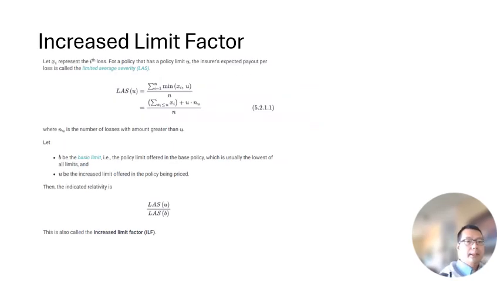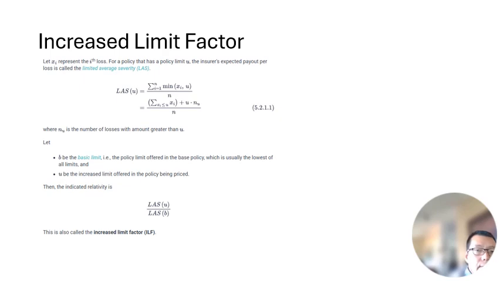Okay, now let's go back to the concept that we were talking about, increased limit factor. Earlier we talked about a continuous increased limit factor. Now let's talk about this increased limit factor in the context of empirical distribution. So let Xi represent the ith loss for a policy that has a policy limit μ.